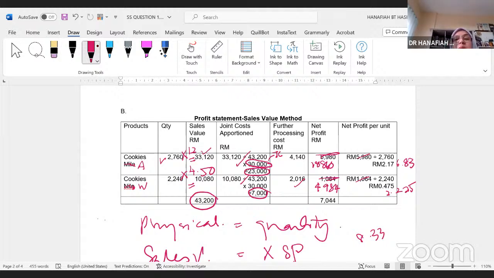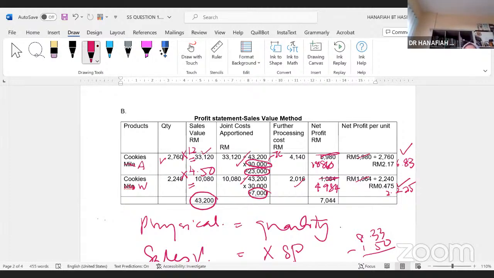Okay, let me calculate the further process. Further process is 150. So 833 minus 150. Yeah, 683 and 225.